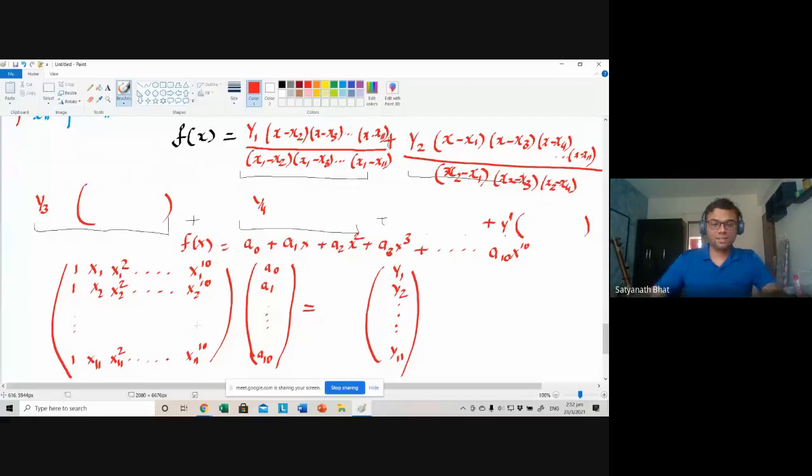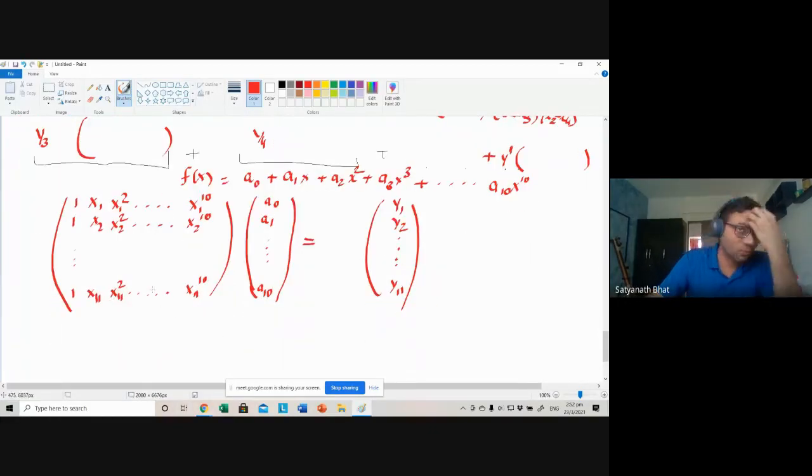I don't know if people are understanding. What we are doing is treating a0, a1, to a10 as the unknowns, and we want to find what a0 to a10 should be set to so that this equation evaluates to y1, y2 to y11.